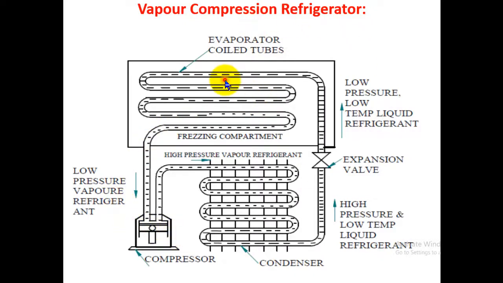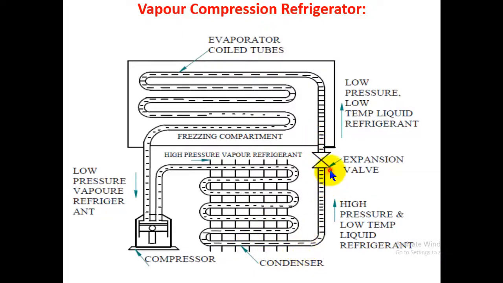And coming to the working, here in the block diagram we'll just explain the flow of how this refrigerant moves, and in the next slide we will discuss the brief working. In the evaporator coil, the refrigerant gets evaporated by absorbing heat and becomes a vapor, and that vapor is compressed in the compressor. It becomes a high pressure and high temperature vapor refrigerant, and while passing through the condenser it loses its heat and becomes a high pressure liquid.